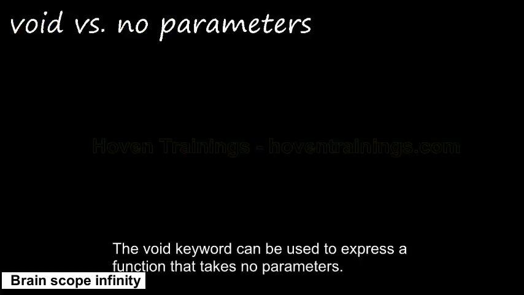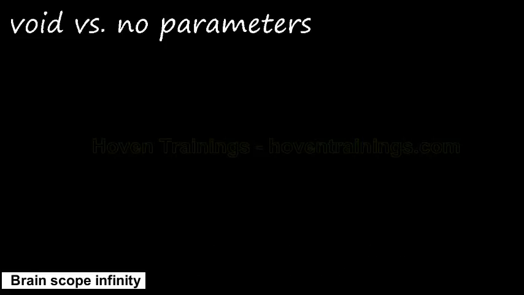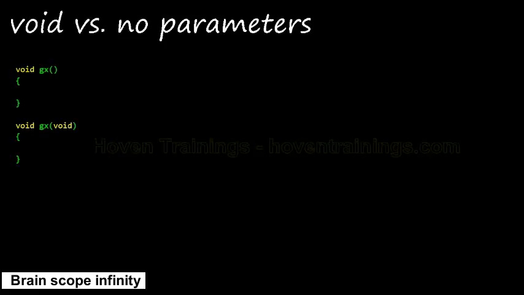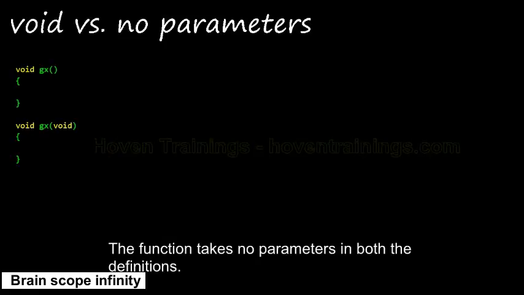The void keyword can be used to express a function that takes no parameters. In this code, the function gx has been written in two ways. The function takes no parameters in both the definitions.